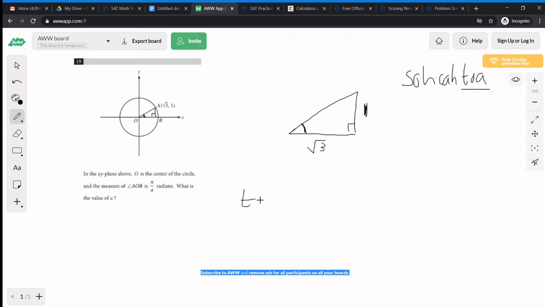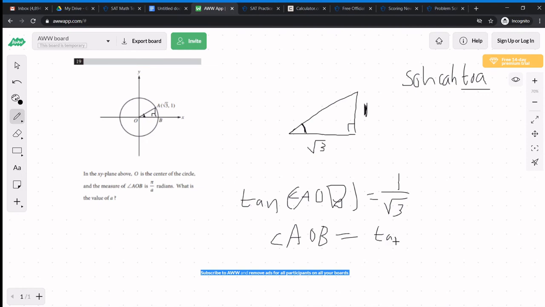So tangent of AOB, this angle right here, is equal to 1 over the square root of 3. Now we can use the inverse of tangent of 1 over the square root of 3, and we will get an angle measure that's easy for us to find.